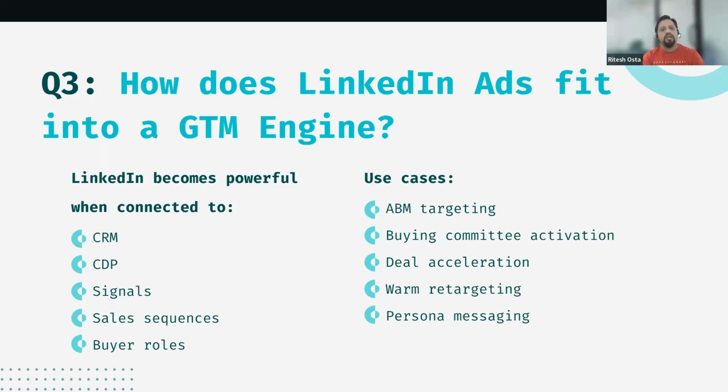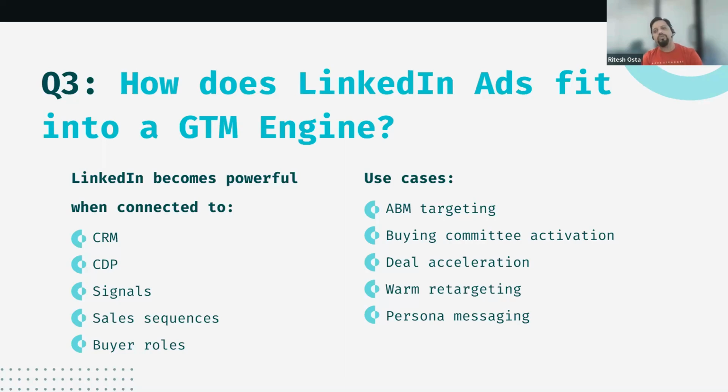Totally. LinkedIn can be connected to CRMs like Salesforce, HubSpot, and CDPs like Segment. It can gather different signals from within LinkedIn as a platform. If you're using Sales Navigator, you can do that, or you can even download those accounts with the signal as a CSV from your own CRM, CDP, and other sources, and then upload it into LinkedIn. Even that you can do. LinkedIn can create sales sequences, and in mails LinkedIn can send them if you're using Sales Navigator.